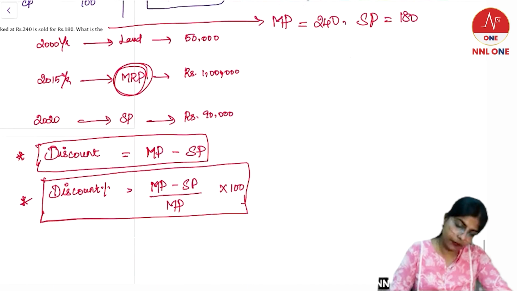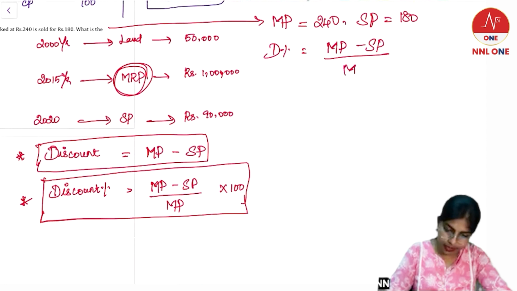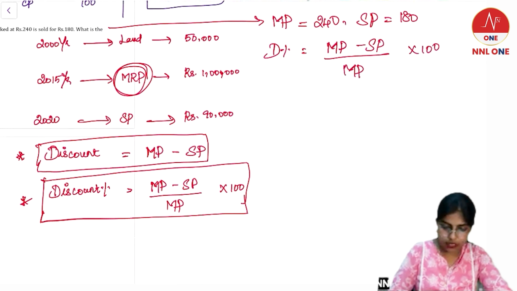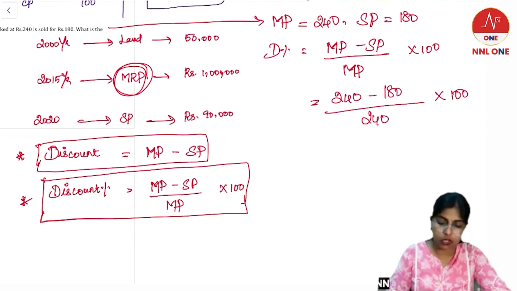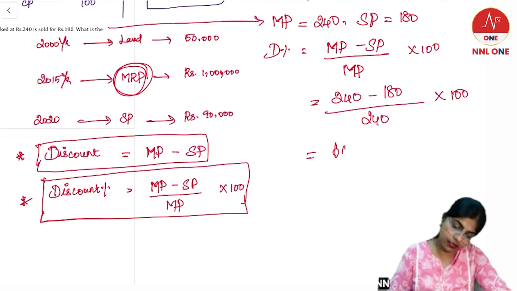Discount percentage is equal to market price minus selling price by market price into 100. What is the market price? It is 240. What is the selling price? It is 180. So 240 minus 180 by 240 into 100. What is 240 minus 180? It is 60. 60 by 240 into 100.